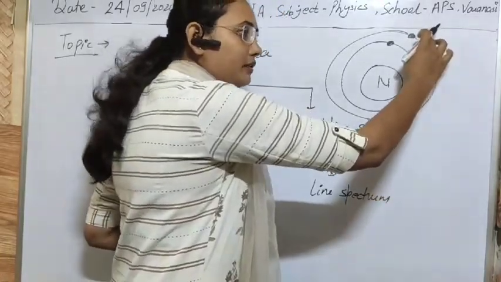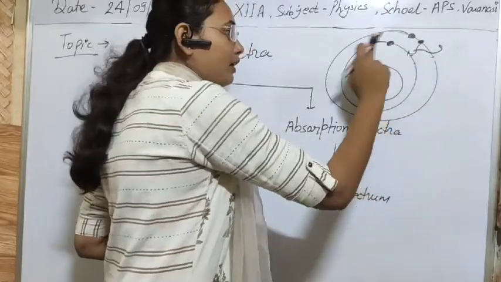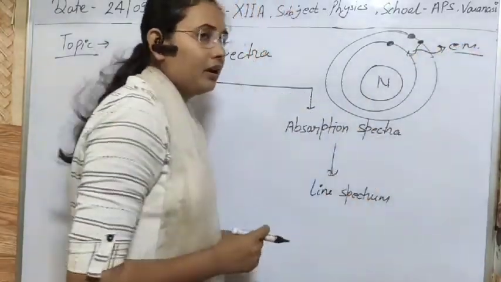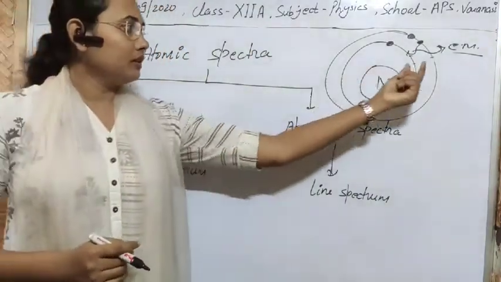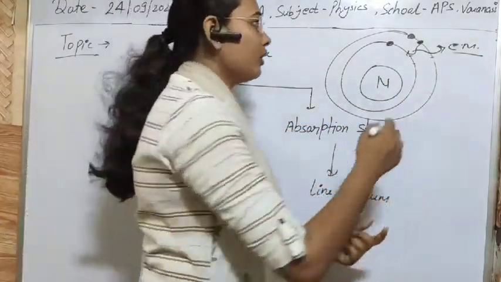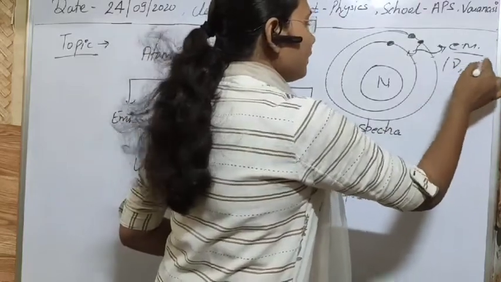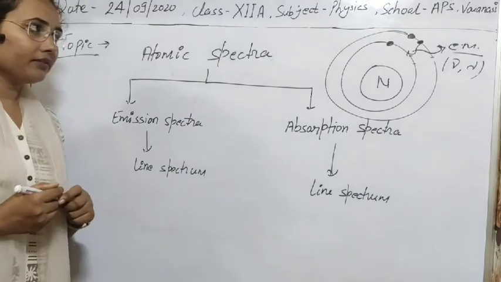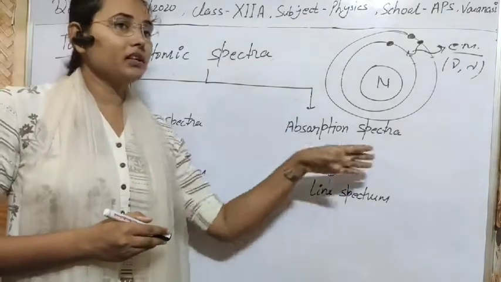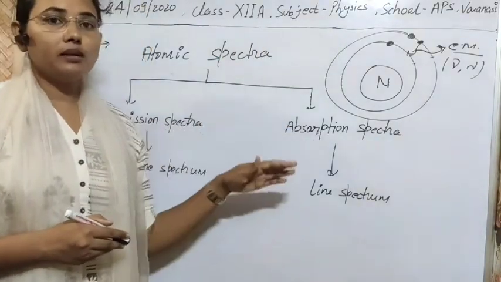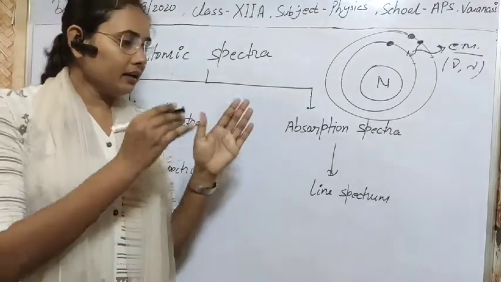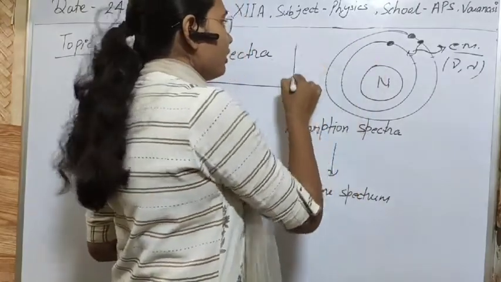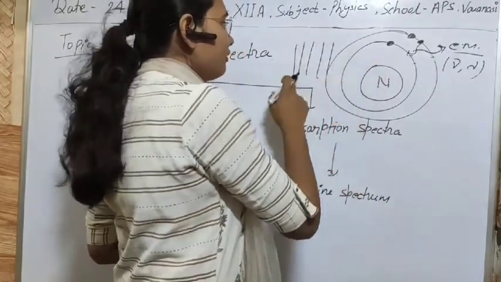With the difference of energy between the higher orbit and the lower orbit, there will be emission of an electromagnetic wave, and its energy depends on the difference between these orbits, and according to that it will have a certain frequency or wavelength. So if there are so many circular orbits and electrons are making transitions, then we can arrange them in decreasing or increasing order of wavelength or frequency.